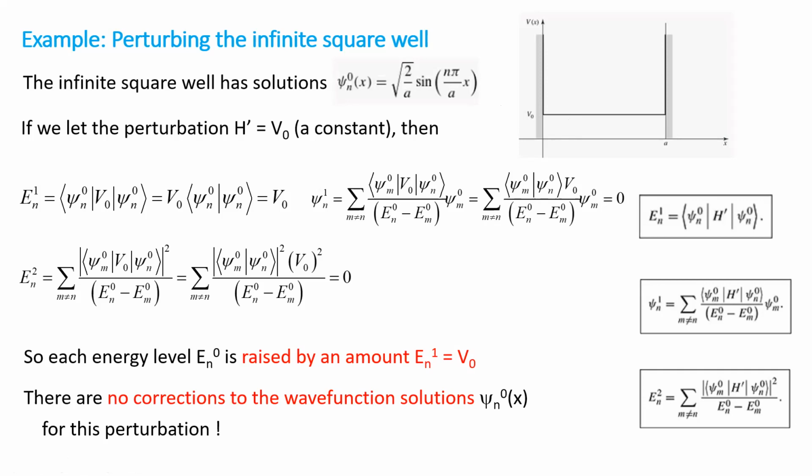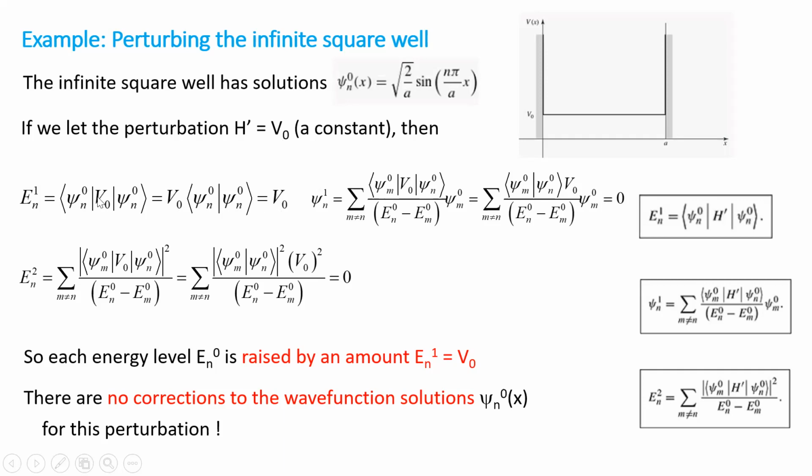So this is an example of an application of perturbation theory with a constant perturbation. We just get a constant energy shift to first order, 0 to second order, and 0 correction to the wave functions.